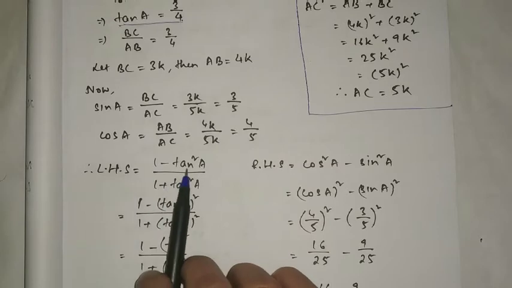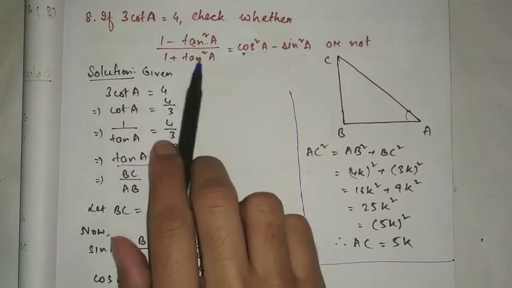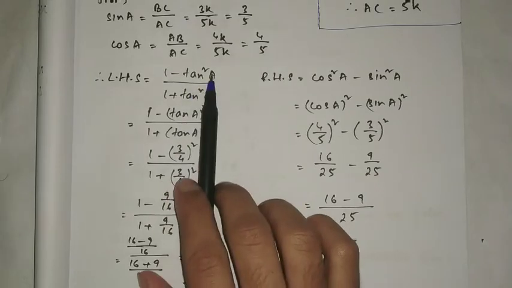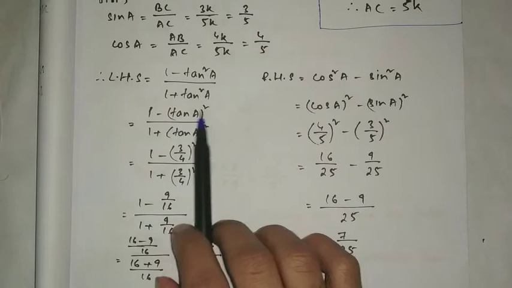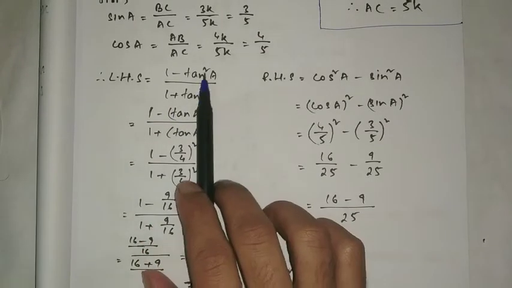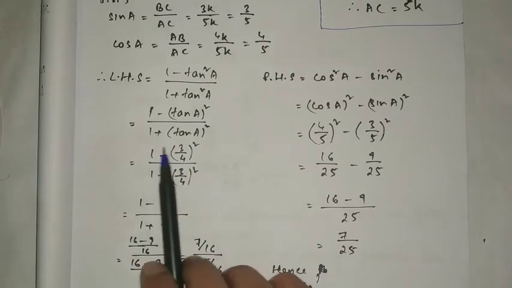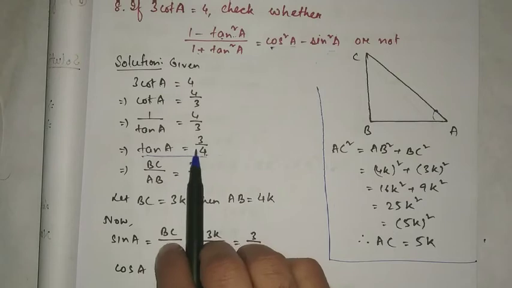Now we determine the value of the left hand side, which is 1 minus tan square A divided by 1 plus tan square A. Tan square A is simply the square of the term tan A. So we write tan square A as tan A whole square, in the denominator as well, and we put the value of tan A as 3 by 4, which we have got from this line.